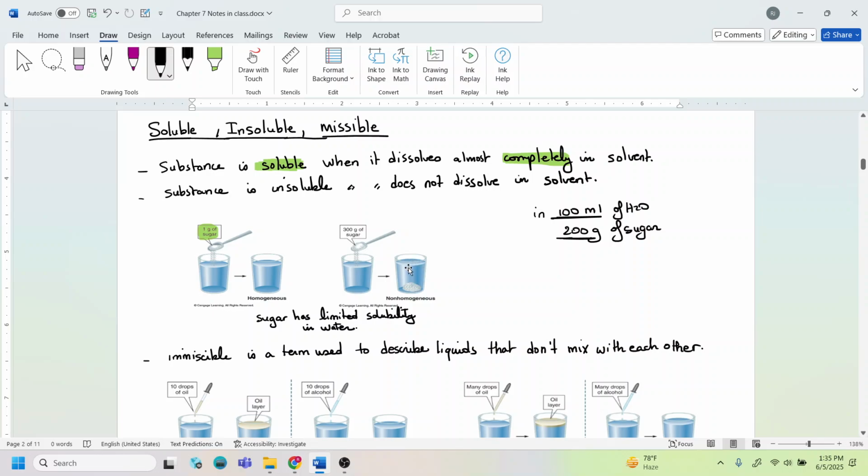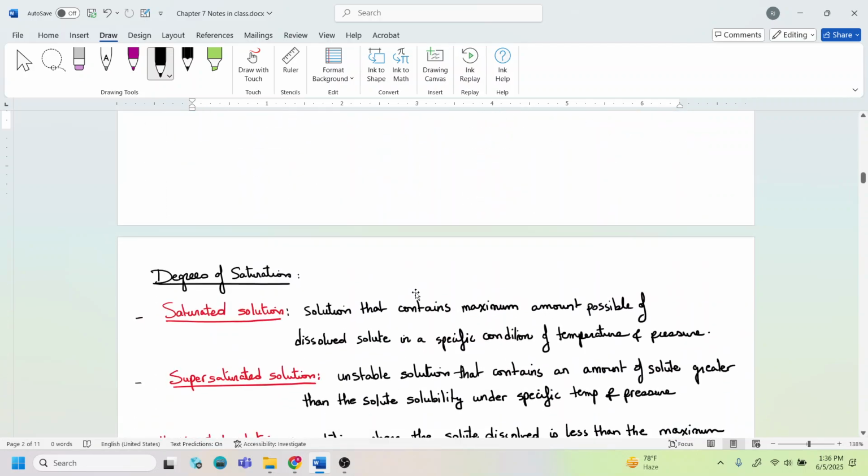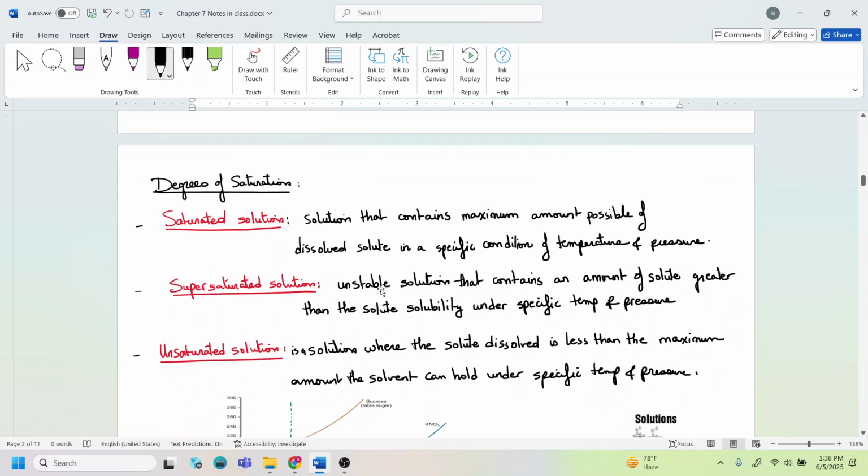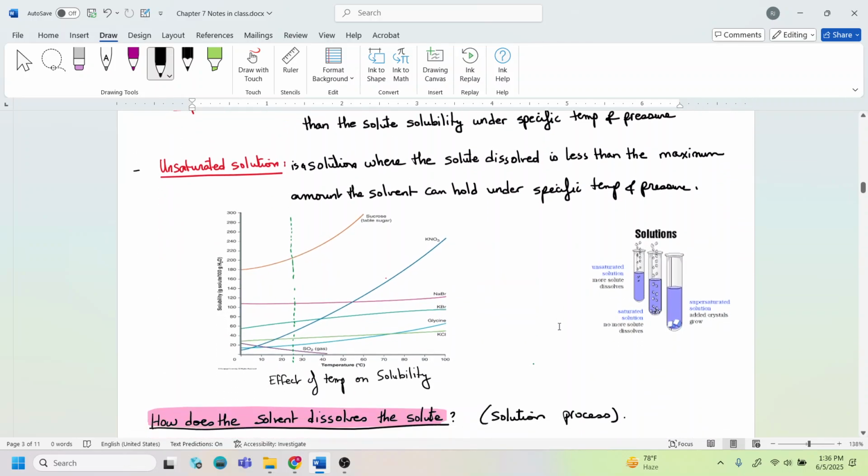But pay attention: when the water cools back to room temperature, that same amount will precipitate again. So by definition, a supersaturated solution is unstable, because whatever you force to dissolve is going to precipitate again. It's an unstable solution that contains an amount of solute greater than the solute's solubility under specific temperature and pressure.